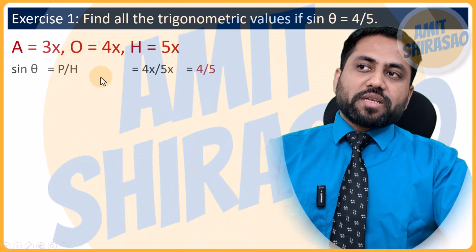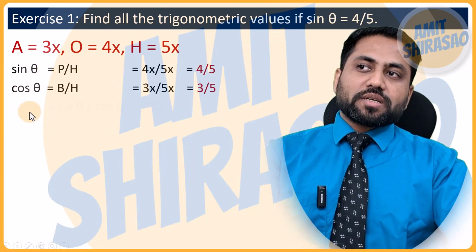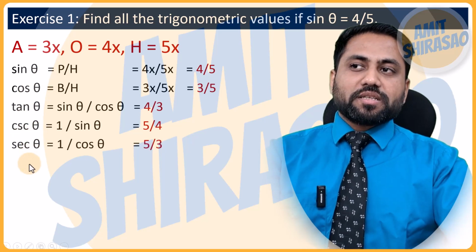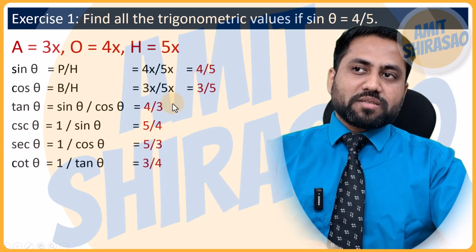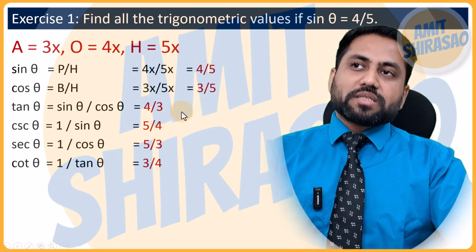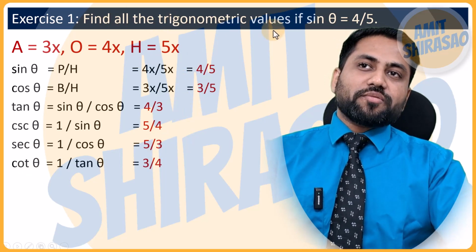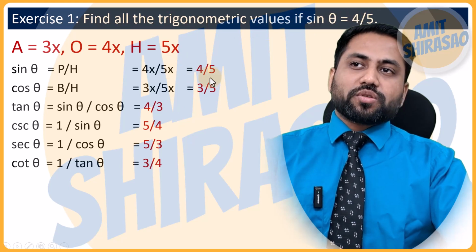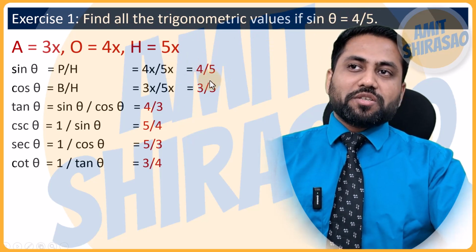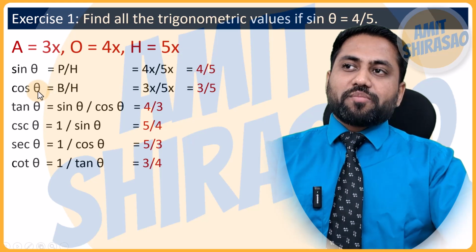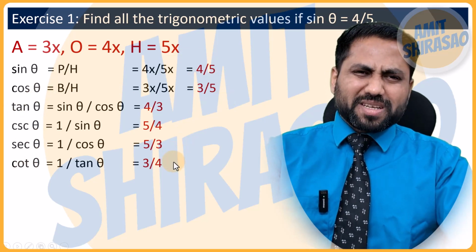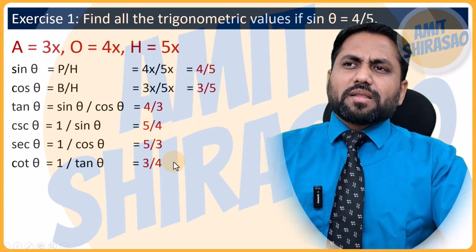Now just put those values into sine theta, cos theta, tan theta, cosec theta, sec theta, and cot theta, and you will get the respective values. And that is what was asked in the question, find all the trigonometric values if sine theta is equal to 4 by 5. Sine theta was already given, so there was no need to calculate this. But cos till cot, they can be calculated like this. Got the idea? Simple.